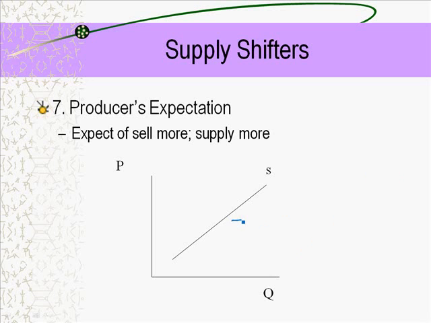And that would be an increase in supply. If producers expect that a new diet fad is going to come about, they might try to supply more. The pomegranate industry is probably something in recent years that you might be able to think about. Ten years ago people didn't really eat pomegranates, and now they're all over the place and you can buy any sort of pomegranate juice you want.